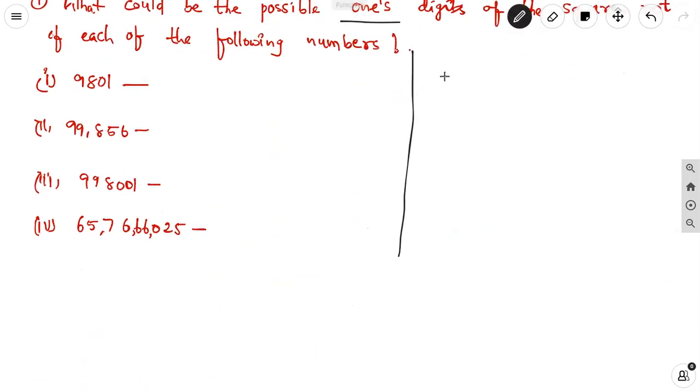Here the square is the inverse of the square root.